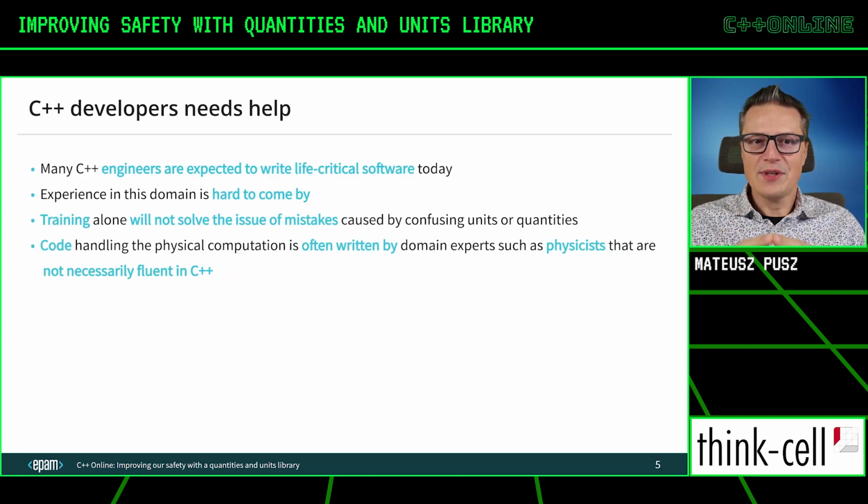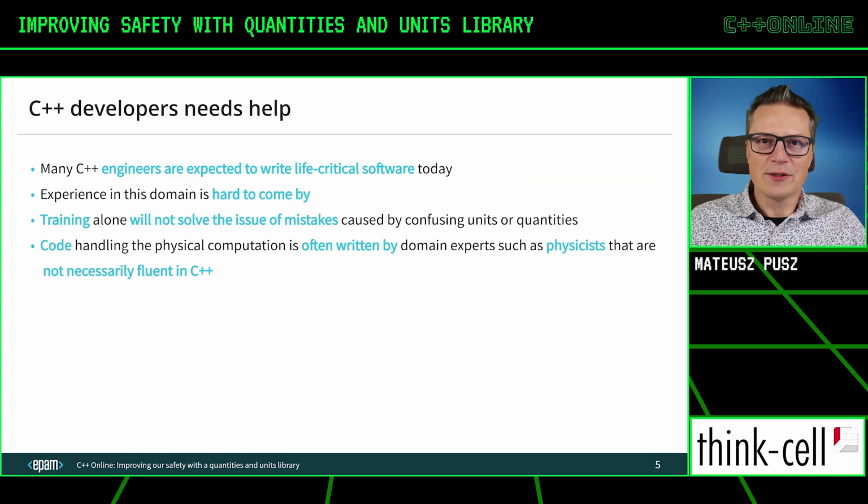And I claim that C++ developers need help right now. With the new trends, with more and more life-critical, safety-critical missions that we have to implement in our products, more and more engineers are expected to write such code. And experience in this domain is hard to come by.